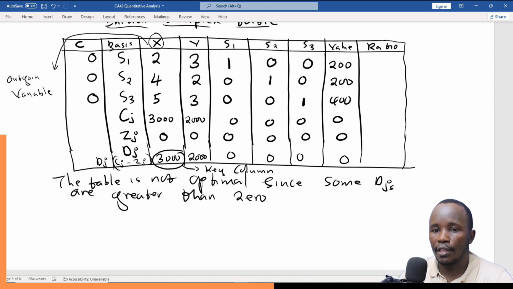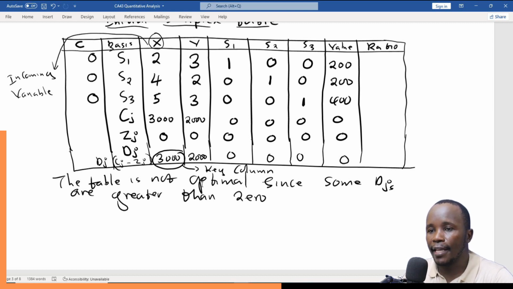In fact, this one should be the one which is supposed to come inside here, so this one will be the incoming variable. We have identified a variable that is supposed to be substituted within our slack variables. That's why I'm calling this one the incoming variable.